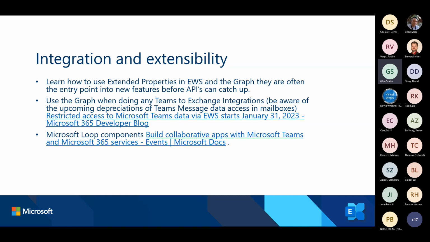You're going to need to start using the Teams APIs. And some of those APIs have paywalls in front of them, like the export API, so that may impact your margins if you're an ISV. So it's something to be aware of. If you are looking to do any integration from Exchange to Teams, always use those Teams APIs now instead of trying to get access via EWS.